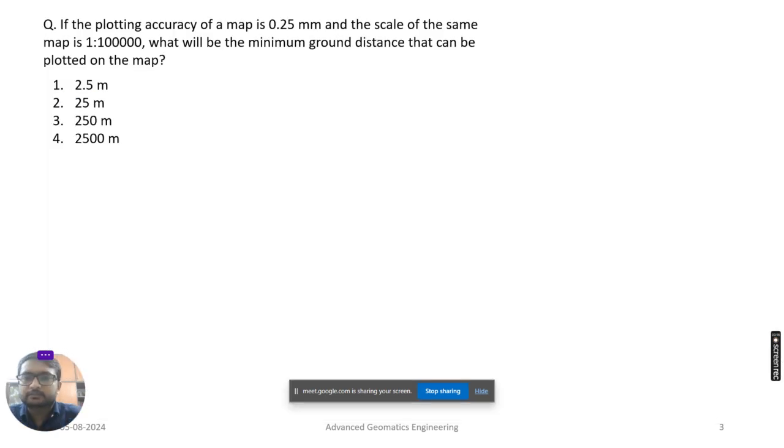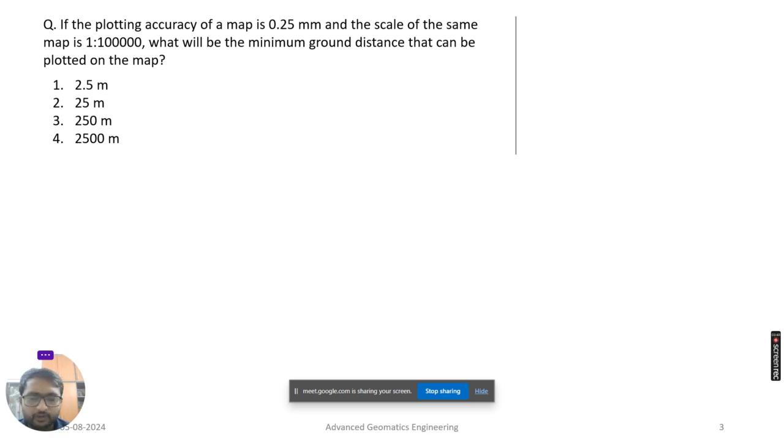Here, the accuracy of the map is 0.25 mm and the scale is also given to us. Now we have to find out, if the accuracy on the map is 0.25 mm, what will be the accuracy on the ground, or what will be the minimum ground distance that can be plotted on the map. First, we will decode the scale.